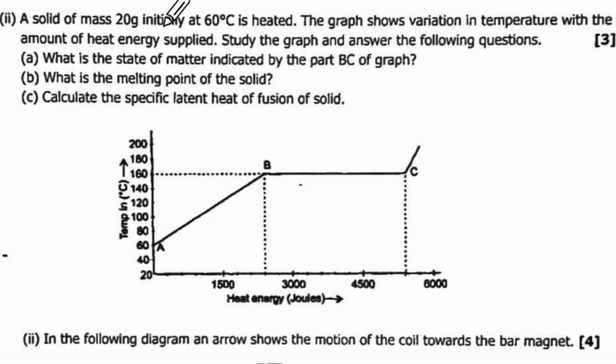A solid of mass 20 gram initially at 60 degrees is heated. The graph shows, what is the state of matter indicated by part BC? So BC, where is BC? Here. Now tell me, this is a solid, so this will be solid here and the solid melts, correct?